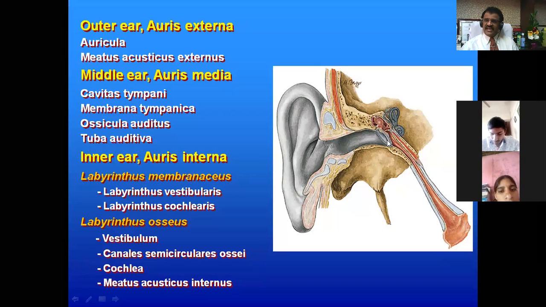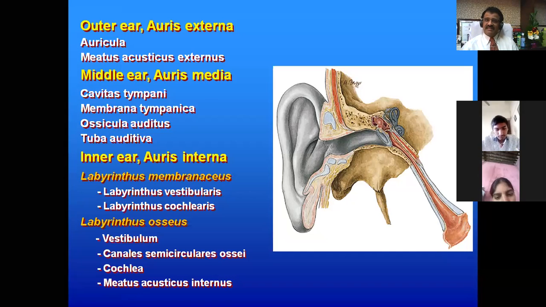So this is the eardrum. From here onwards is all external ear, which includes the ear pinna and external auditory meatus up to the eardrum. Here the external ear ends. The external ear is also called the outer ear, and also called auris externa. Auris means ear, externa means external.